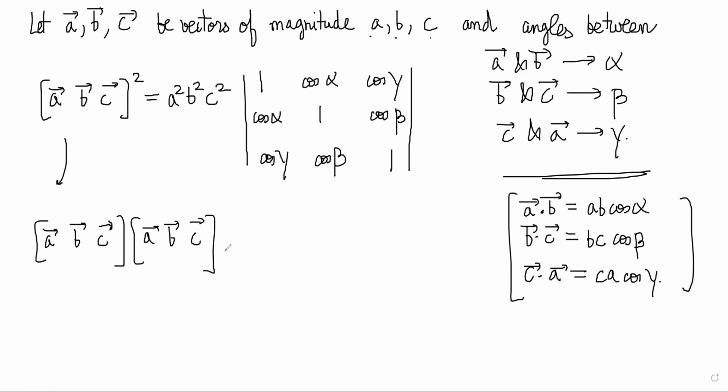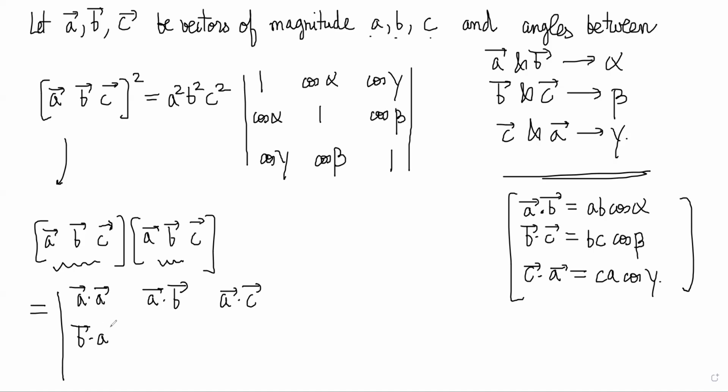So what we can say here is this is the product of two determinants, and by the determinant multiplication rule, you can write it like this: A dot A, A dot B, A dot C, and this will be B dot A, B dot B, B dot C, and C dot A, C dot B, and C dot C. This is what will come, and that is coming by the determinant multiplication rule. If you do the product of two determinants, this is what will come.